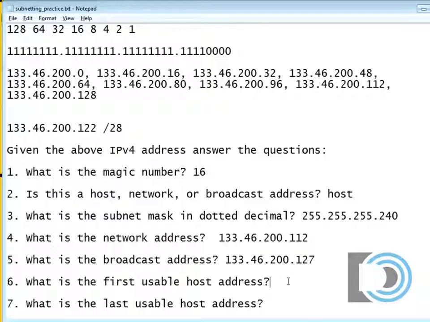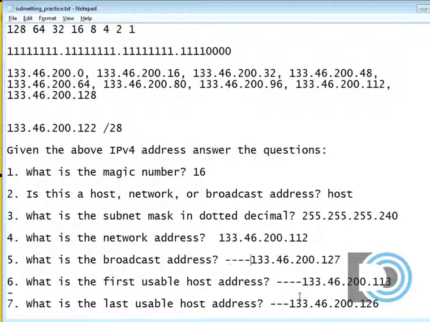Now, what is the first usable address? Well, that's pretty easy also now. 113. And what's the last usable host address? Well, that's going to be 126. So you can see how easy it is to get some answers that are going to help you.